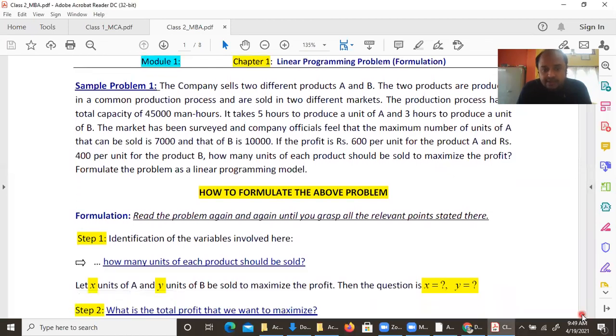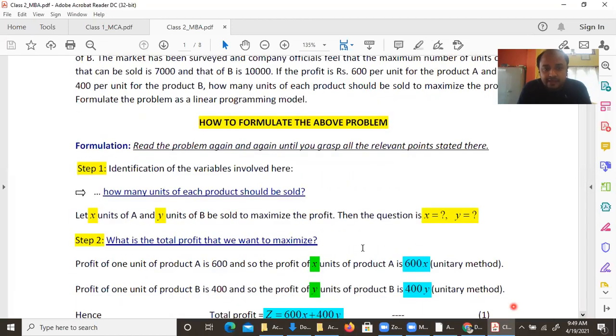Step number one is that you have to identify the variables involved here and how many types of variables are present. Since in the question it is mentioned how many units of each product should be sold, let us consider that small x units of capital A and small y units of capital B be sold to maximize the profit.